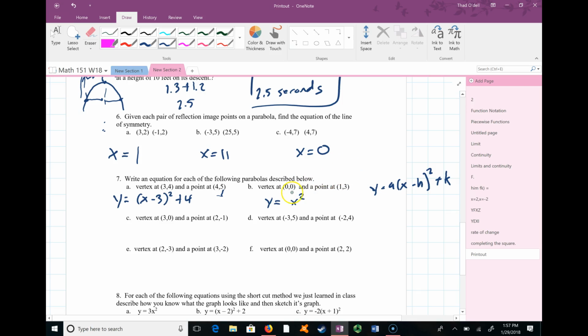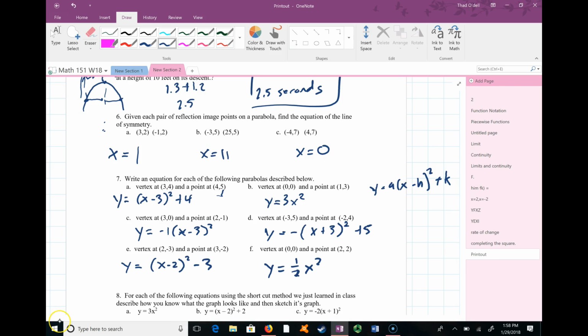Normally if I go over 1, up 1, I hit the graph. This time I go over 1, up 3. That means that point has been stretched 3 times as far away. So there's a vertical stretch factor of 3. And of course, we would do something similar on all of these. I'm going to pause the video and do those, and then you'll see them in a minute.